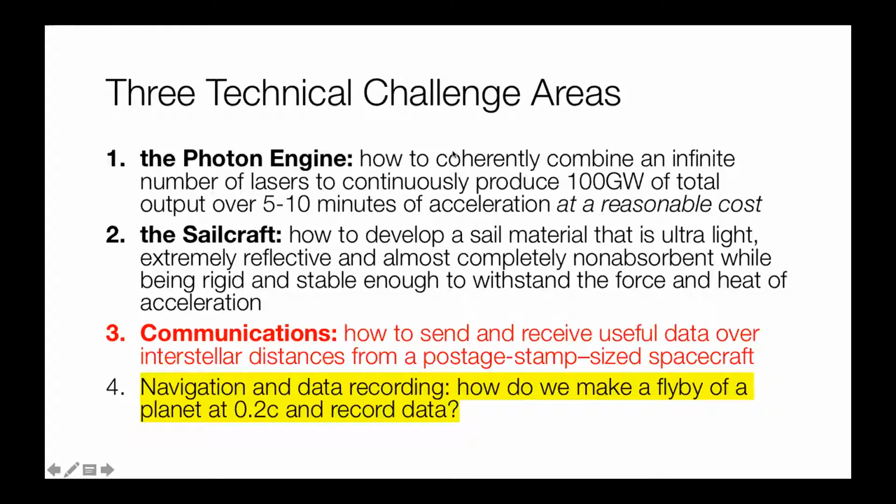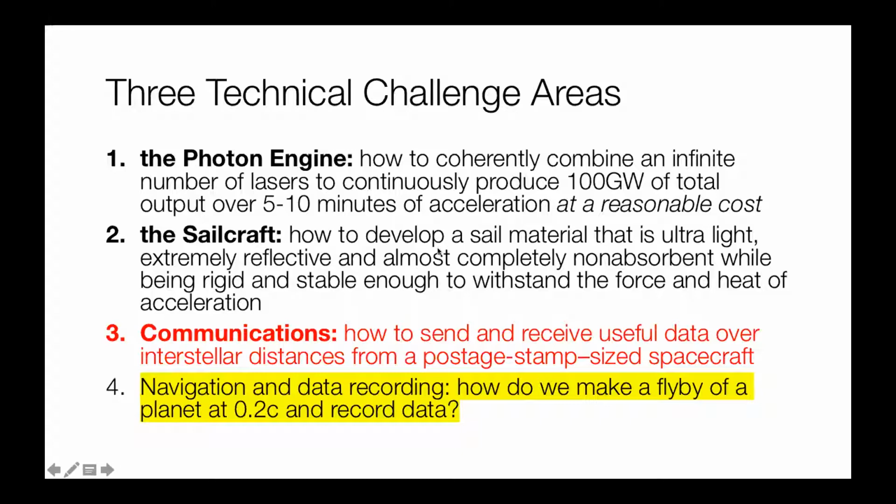They're basically finished with their phase 1 R&D, and their conclusion is that yes, they have developed a simulation and code which should enable them to build this and coherently combine this large array of lasers. The details of that we can maybe discuss in questions later, but I'm not going to go into them now. The sail material is being led by Harry Atwater, Caltech.